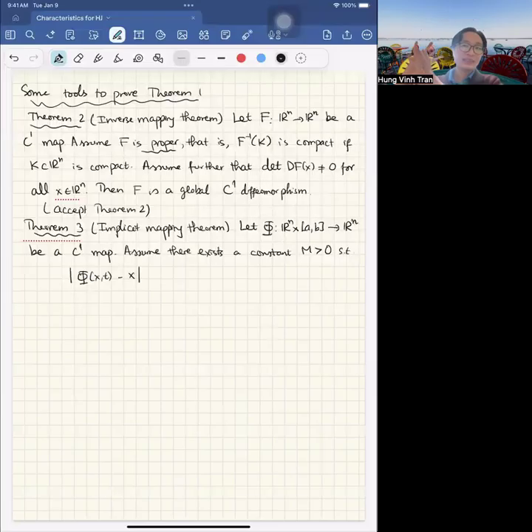So it's kind of like a fixed distance bounded from the identity map. It's a normal assumption. This is less than or equal to m for all xt in Rn cross AB.